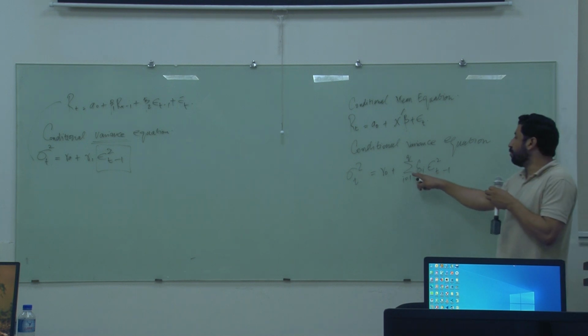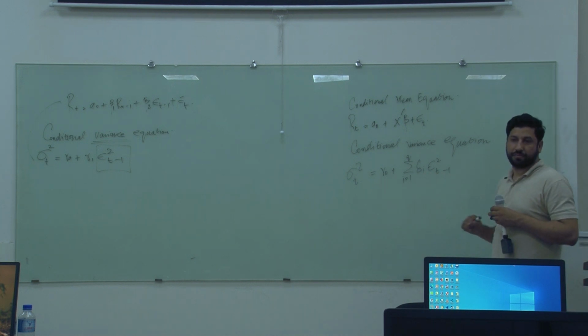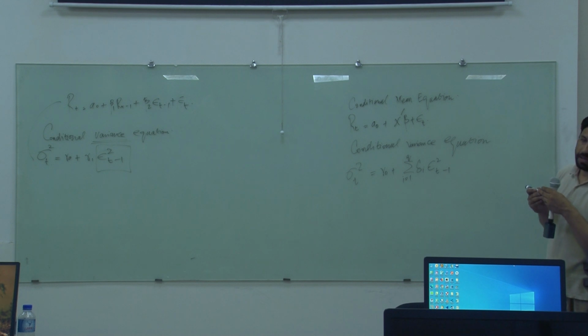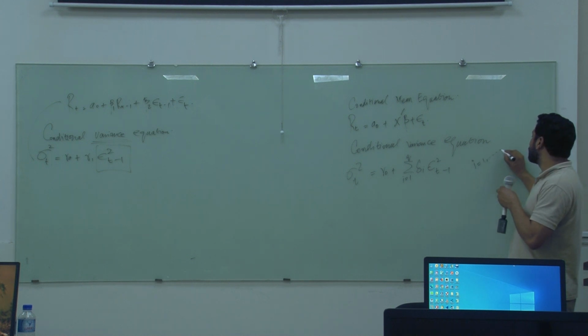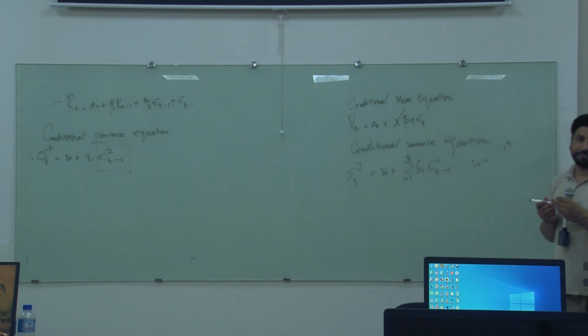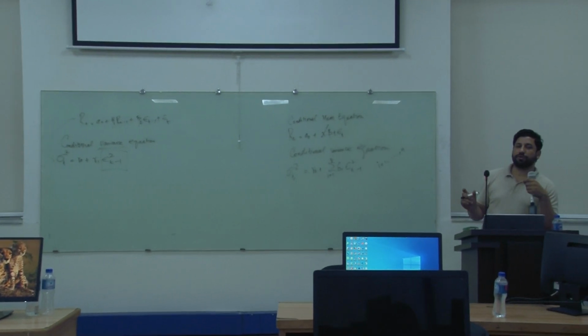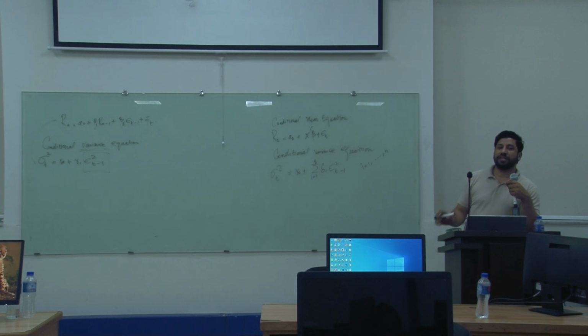Basically it is a q-time expansion of this term, and i belongs to 1 up to n. This is the most basic equation of ARCH modeling. If you have any query about these two equations, please let me know.